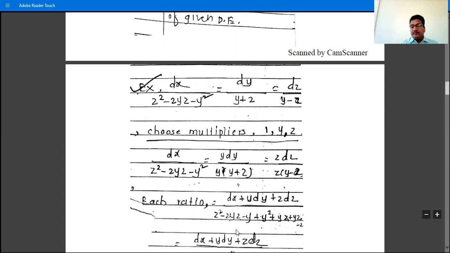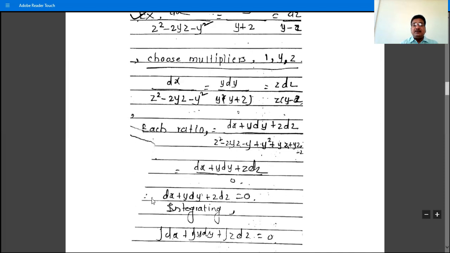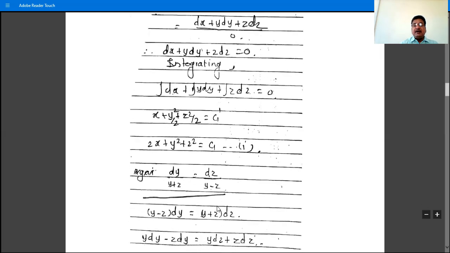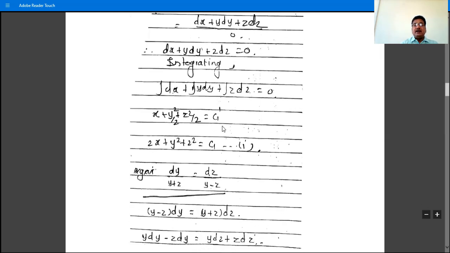The answer of the denominator is 0, and therefore dx plus y dy plus z dz is equal to 0. And then integrating, integration of dx is x, integration of y dy is y square by 2, similarly z square by 2, is equal to c1 dash, then multiplying by 2, we have this, and write 2 c1 dash as c1.